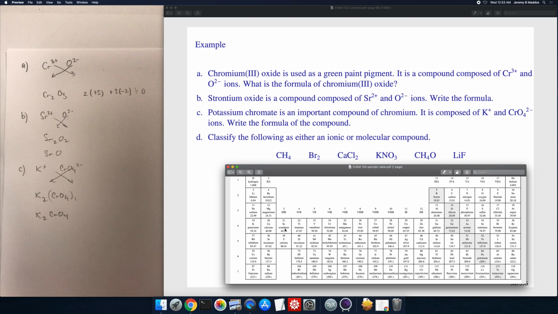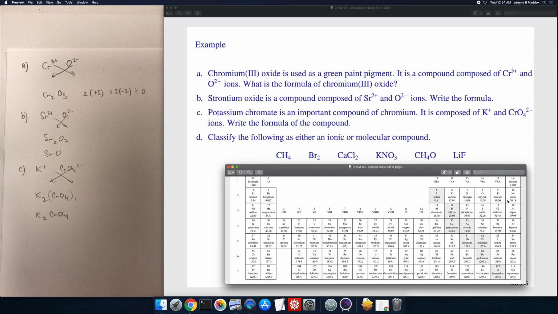Molecular compounds are formed between nonmetals. So when the atoms in your compound are all nonmetals, that indicates that you have a molecular compound. Contrast that with an ionic compound, where you will have a metal and a nonmetal, or you'll at least have a metal and a polyatomic anion.